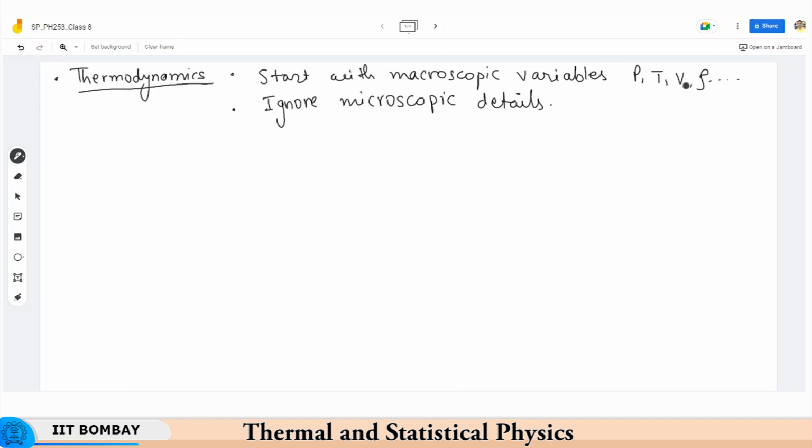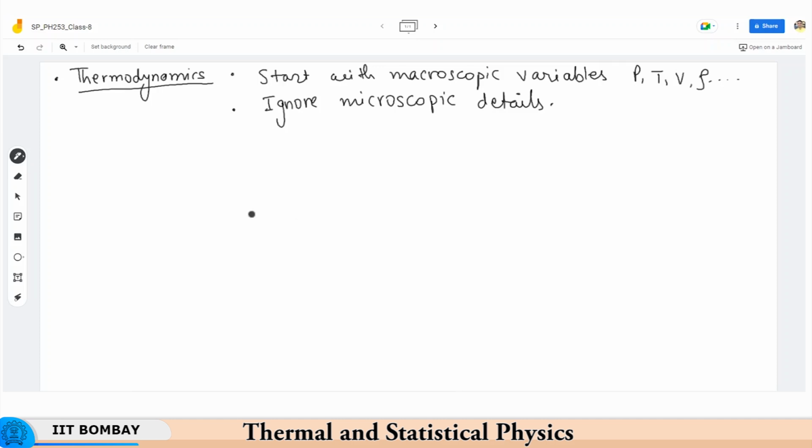This is basically what this approach is all about. This also offers one advantage, that we don't really have to make any assumptions about the molecular dynamics.